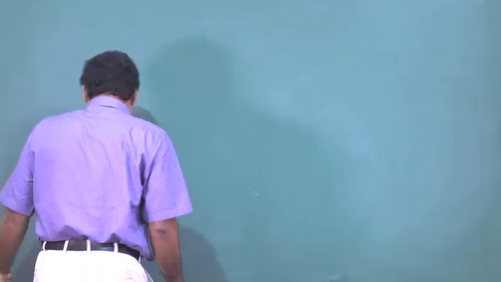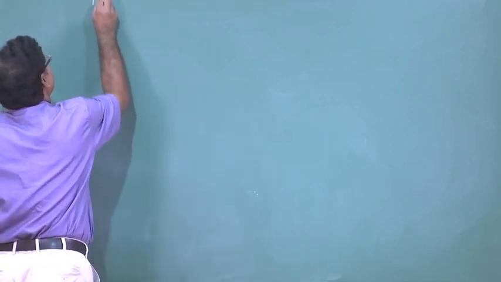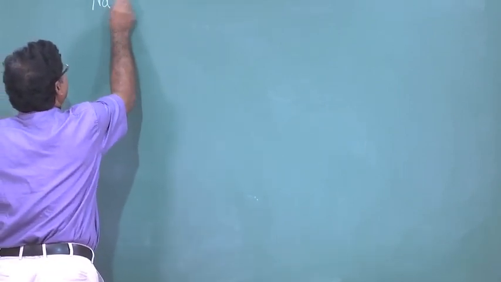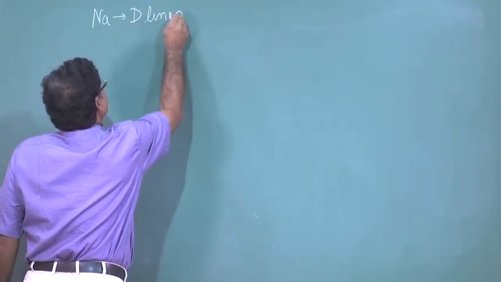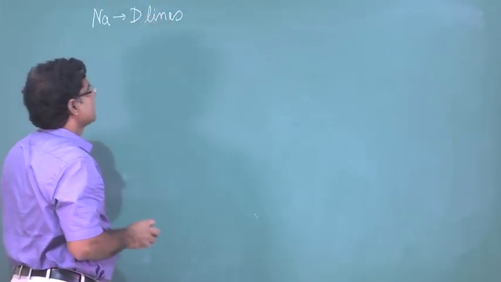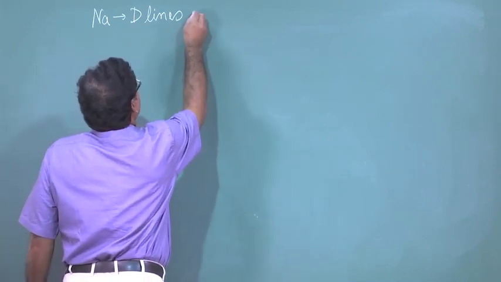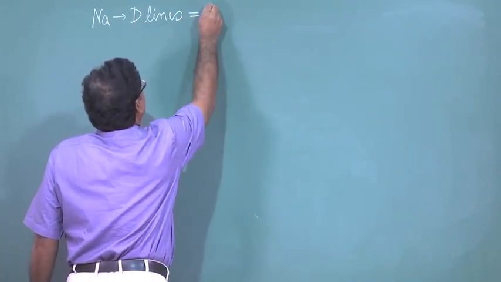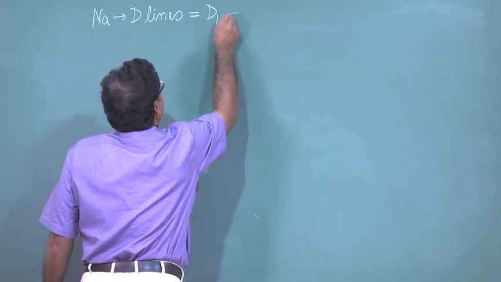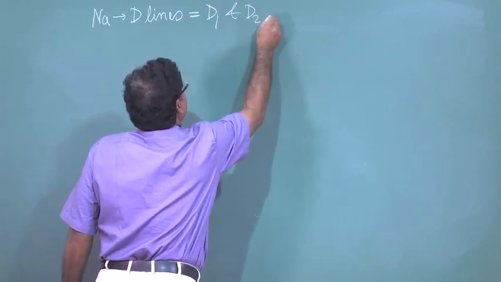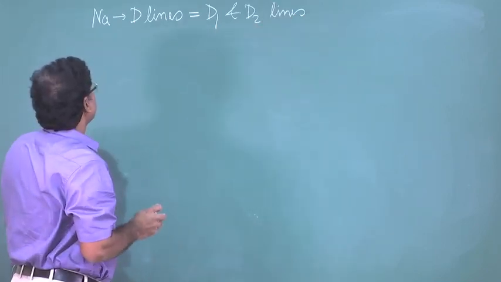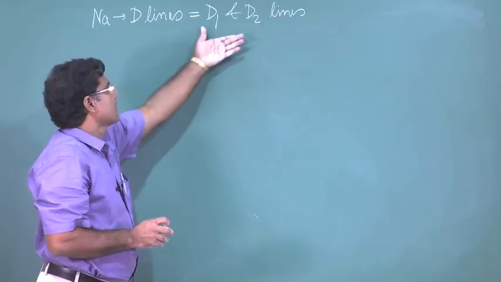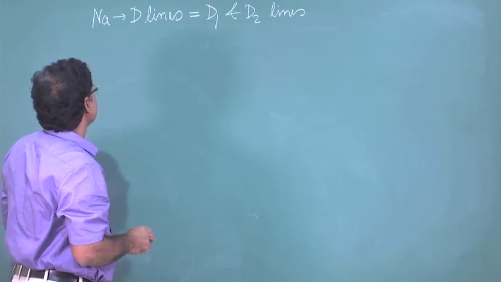We have seen that the sodium D lines are basically composed of two lines, D1 plus D2 lines, right, and that was not explained using the Bohr-Sommerfeld theory.